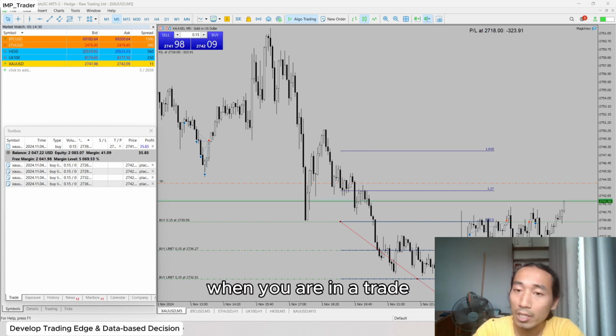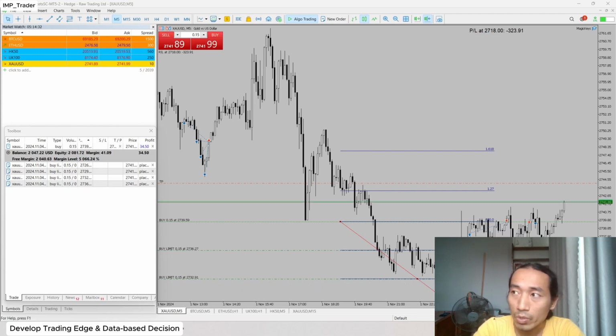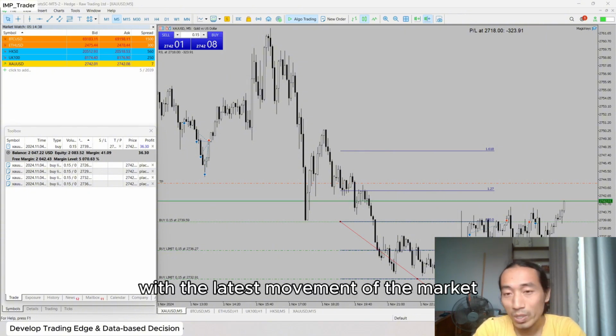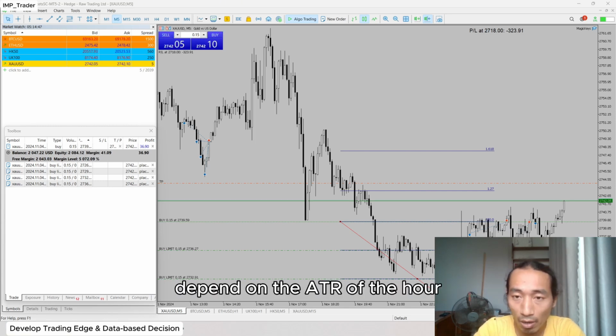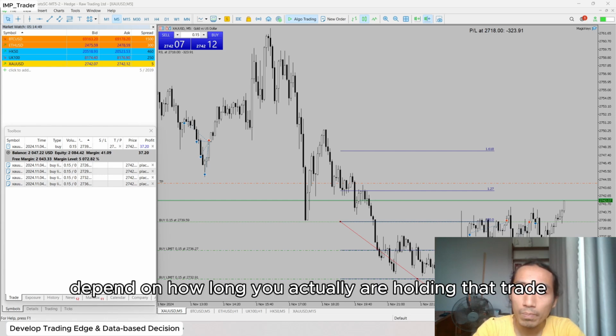When you are in a trade, with the latest movement of the market, your risk reward keeps changing, depending on the ATR of the hour, depending on how long you are holding that trade.